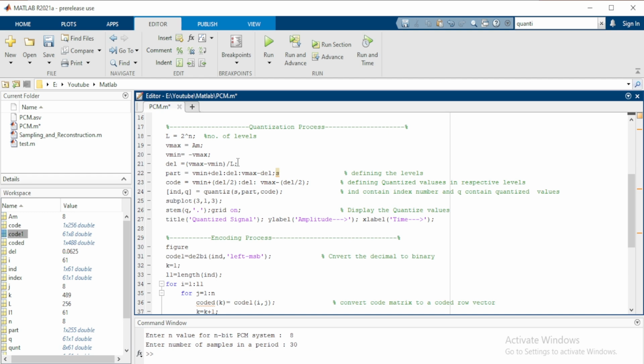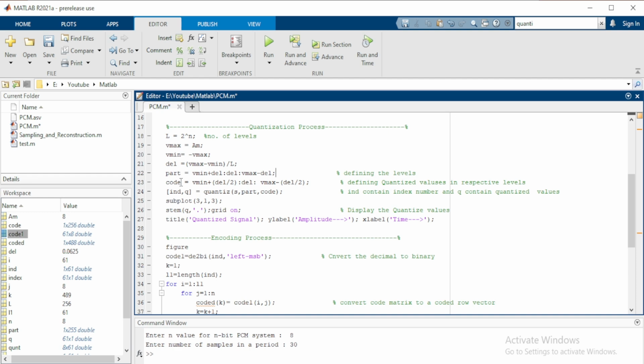To quantize, we are going to use the quantiz syntax, which is an inbuilt syntax in MATLAB. For that you first have to define a partition and a codebook. What is the partition? The partition is the definition of levels, that means how many levels there are and how to define them.